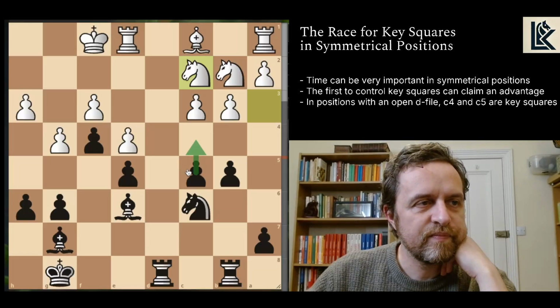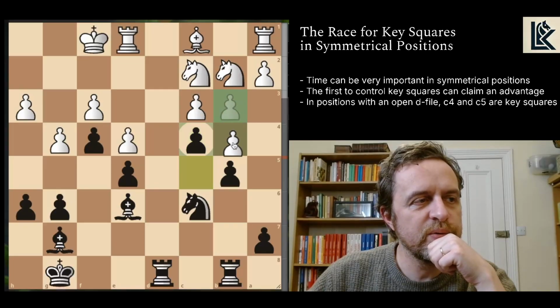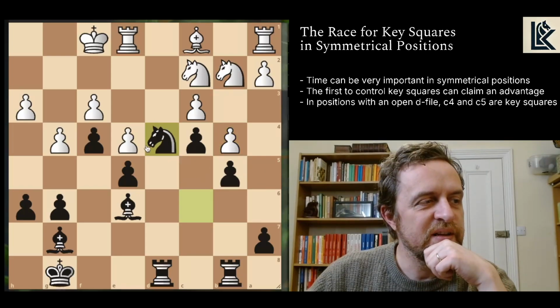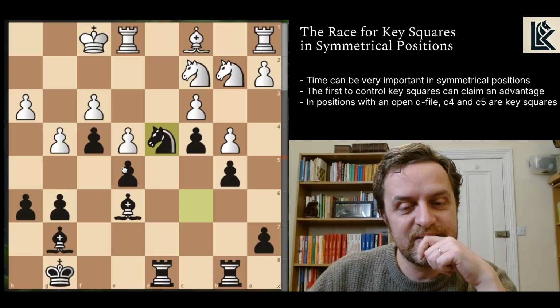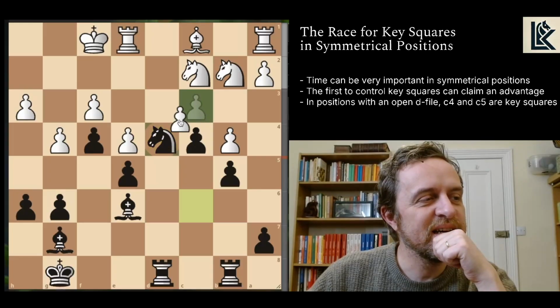I'm not sure what I thought during the game, whether I thought that b4 would be good. I can see the point here is that apparently this is now devastating. And that is quite nice. So takes.